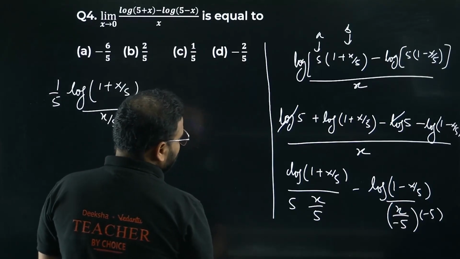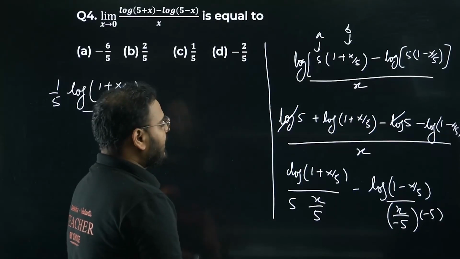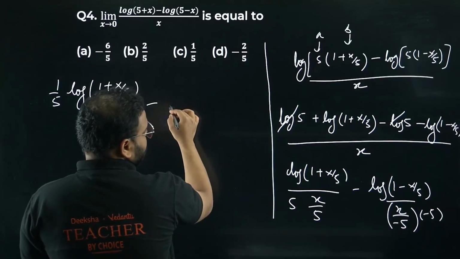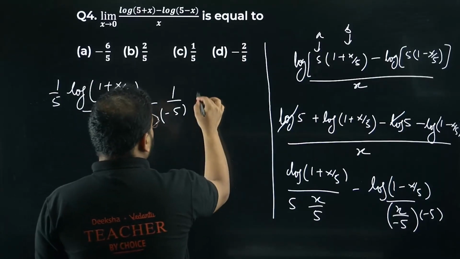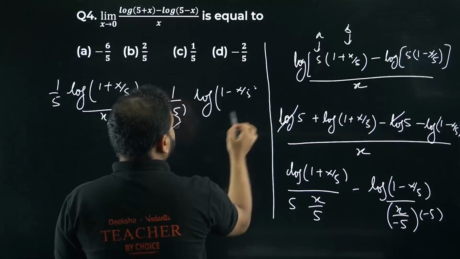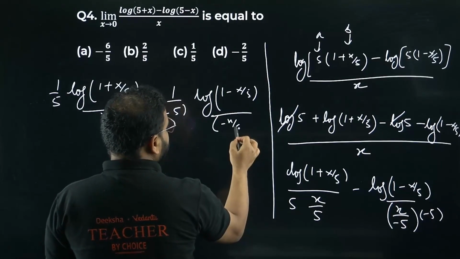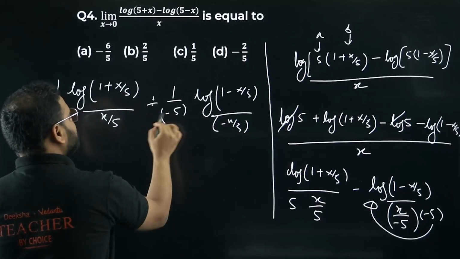What next I have? I have minus 1 by minus 5, no? Log of, please check, 1 minus x by 5 upon minus x by 5. I'm taking this minus 5 over here actually. It'll become plus now, of course.